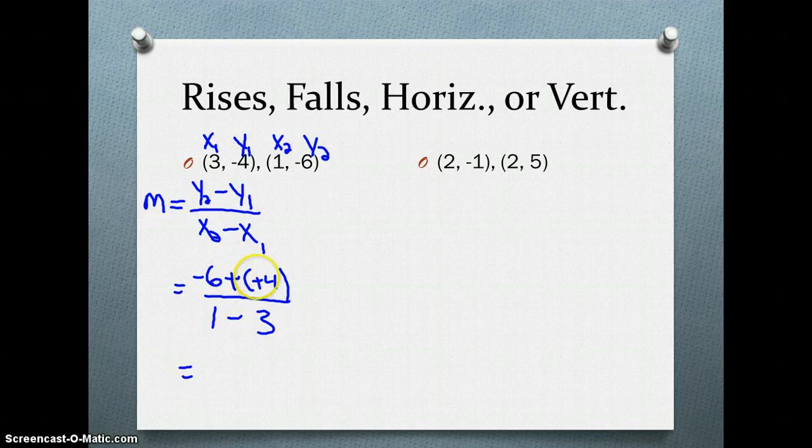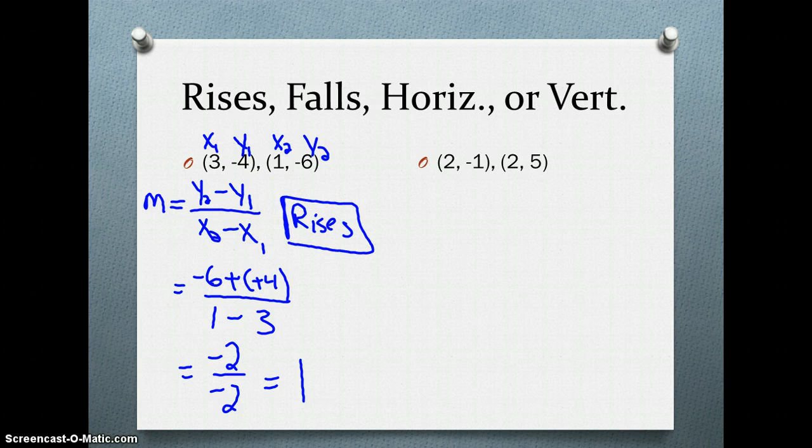This becomes plus a +4. -6 plus 4 is -2. 1 minus 3 is -2. This simplifies to a slope of 1. That is positive, so this rises because it's positive.